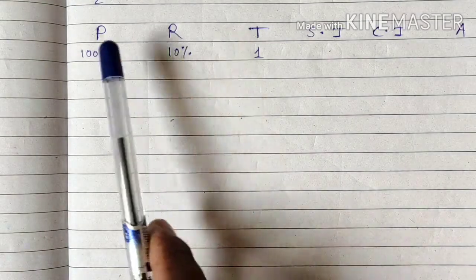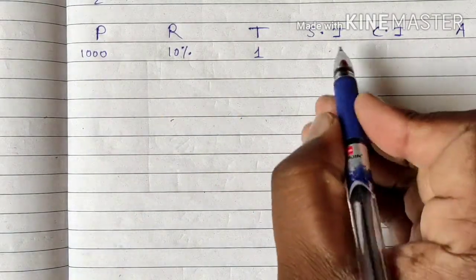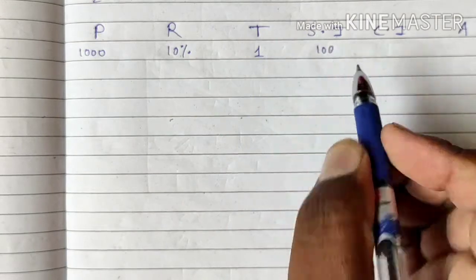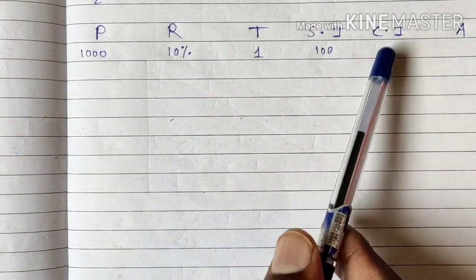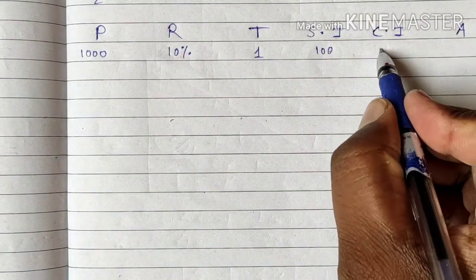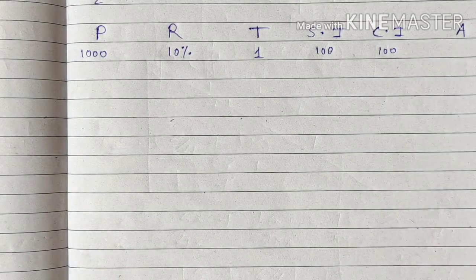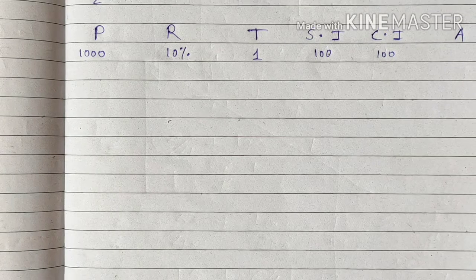Then if we calculate 10% of 1000, it will become 100, and the compound interest will be the same, 100. Okay, simple interest and compound interest are two different things.